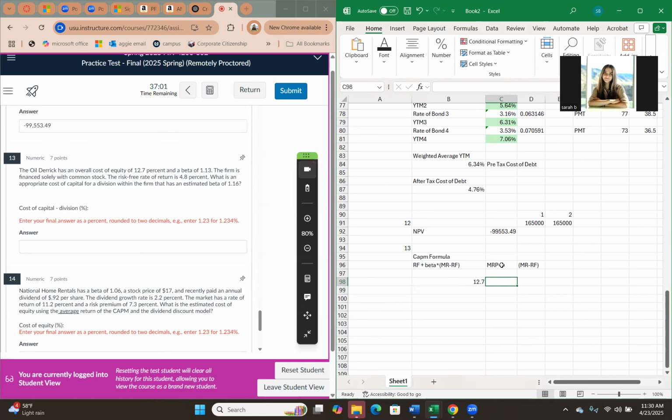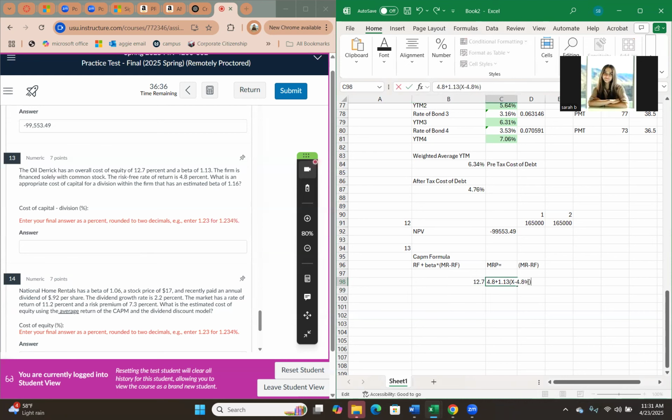That means 4.8% plus 1.13, because that's their beta, times the market risk premium, which is X minus the risk-free rate, 4.8%, equals 12.7.